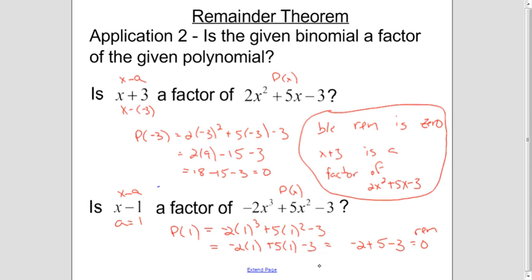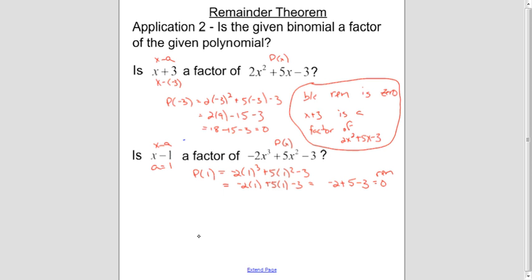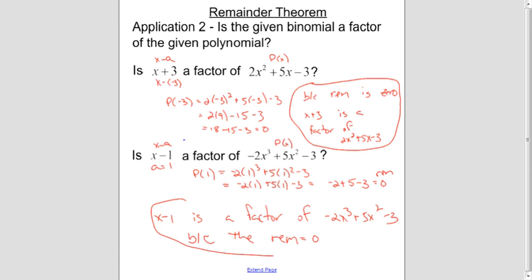And we have that x minus 1 is a factor of negative 2x cubed plus 5x squared minus 3 because the remainder is 0. Good way to answer that.